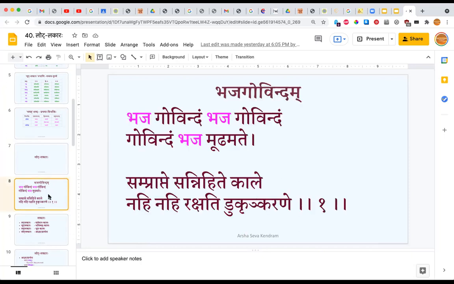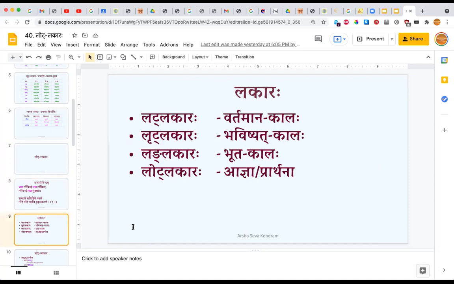Atra pashyantu. This is a very famous shloka, the Bhaja Govindam shloka. I think most of us know it by heart. Bhaja Govindam, Govindam Bhaja Mudhamate, Samprapte Sannihite Kale, Nahi Nahi Rakshati Dukrin Karane. We hear it all the time, right?